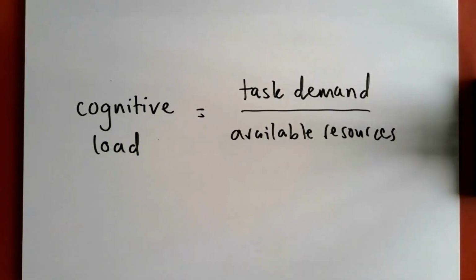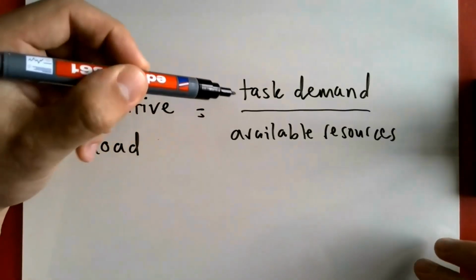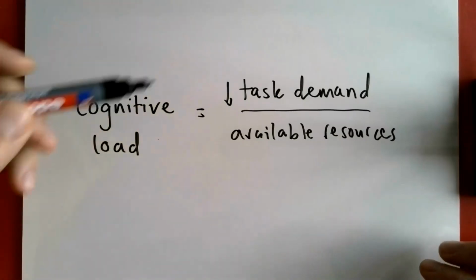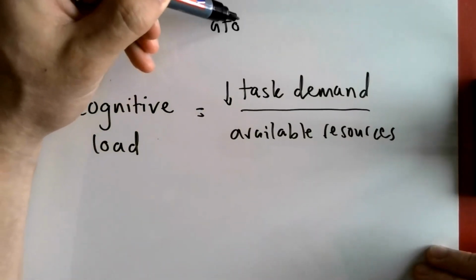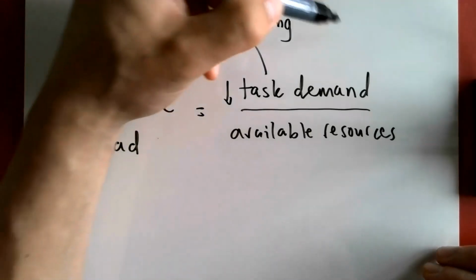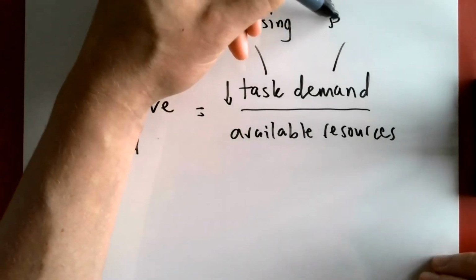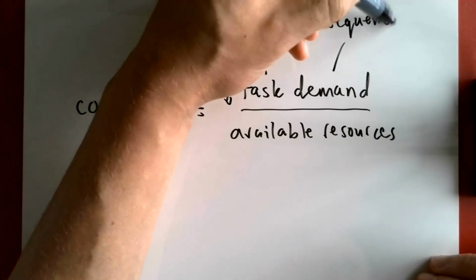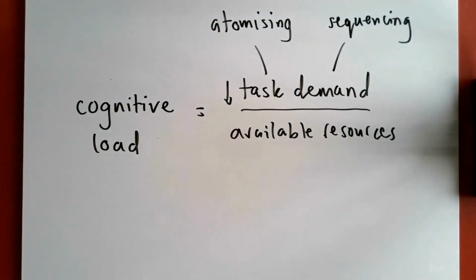So the sequencing and the atomizing I've done so far has all been about reducing task demand. That's why I've done this atomizing and breaking things down right from the big principles to their facts. And then I've also thought carefully about the order and how each of those layers can influence the order of that content.